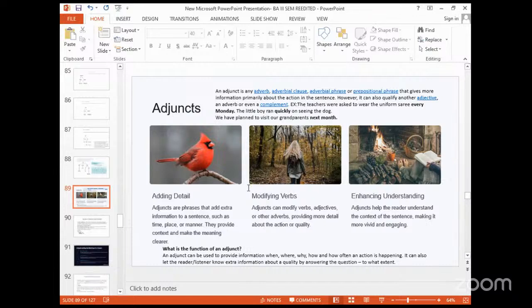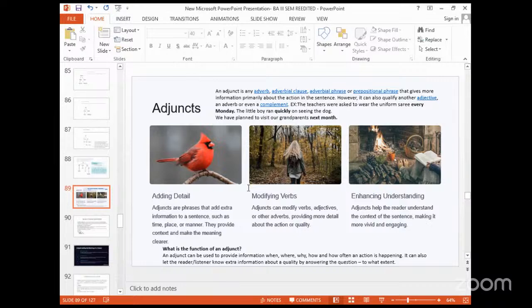However, it can also qualify another adjective, an adverb, or even a complement. For example, the teachers were asked to wear the uniform sari every Monday. The little boy ran quickly on seeing the dog. We have planned to visit our grandparents next month. You can see those highlighted words form an adjunct.